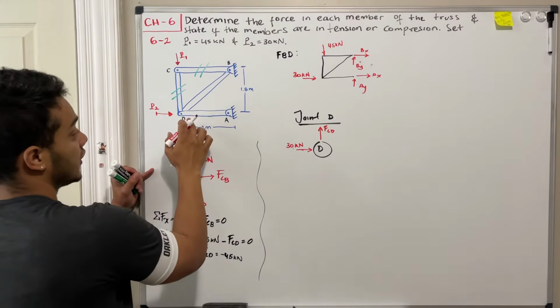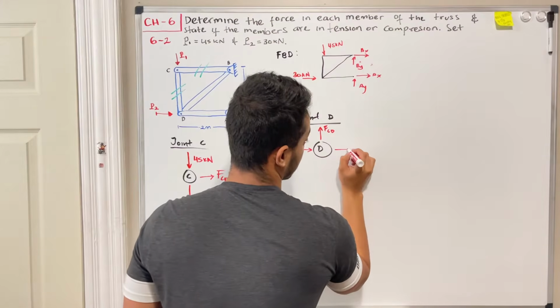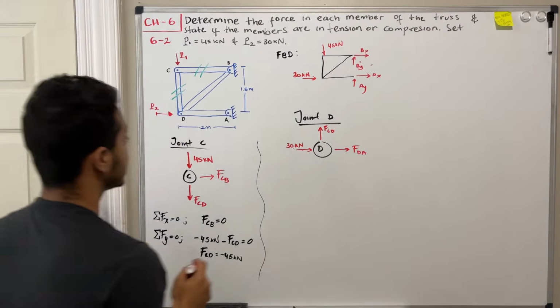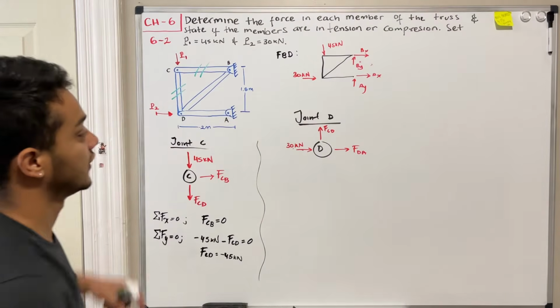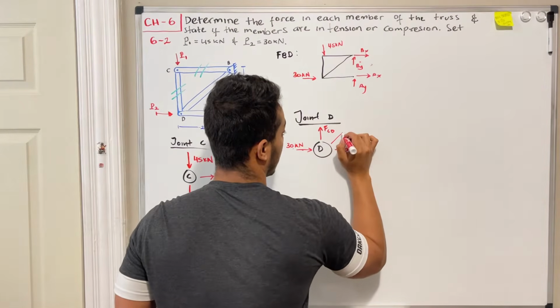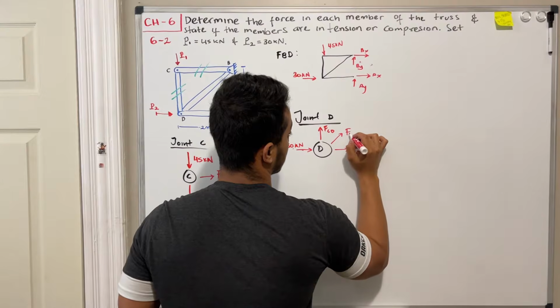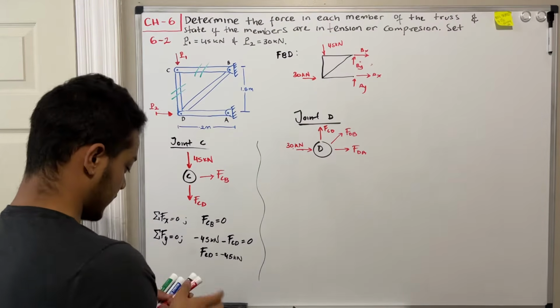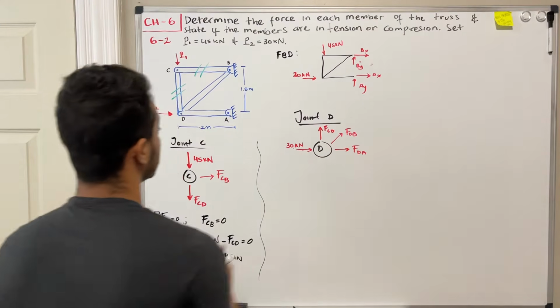Then we will have my force DA. And lastly, we'll have our force DV, diagonal up. Force DV.